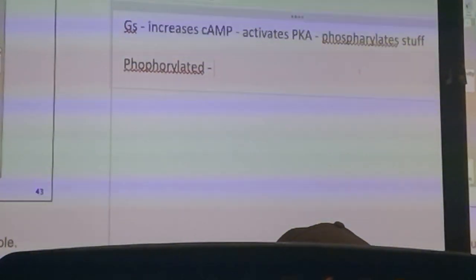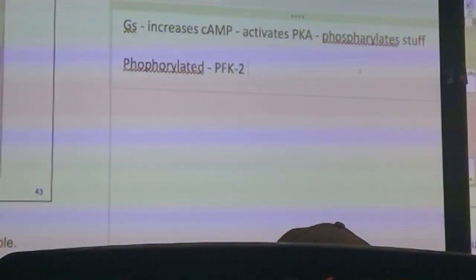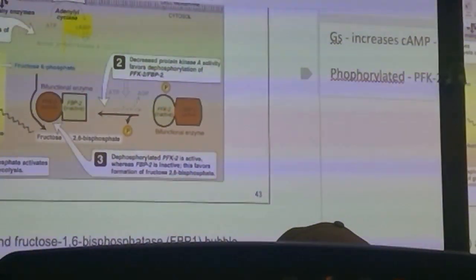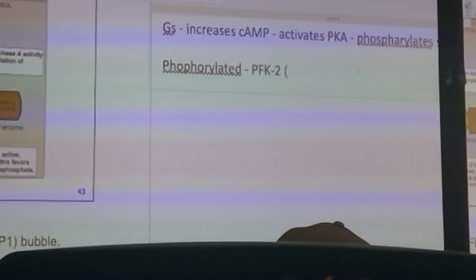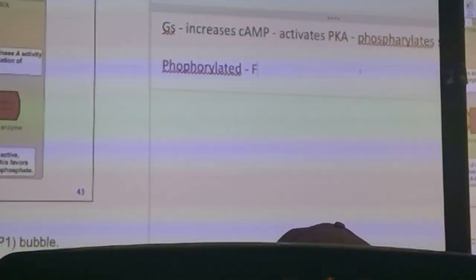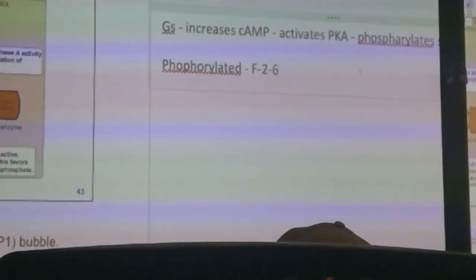You need to know that PFK2 and fructose 2,6 bisphosphatase are the same enzyme. The only difference is whether it's phosphorylated or dephosphorylated. If it's phosphorylated, it's fructose 2,6 bisphosphatase.